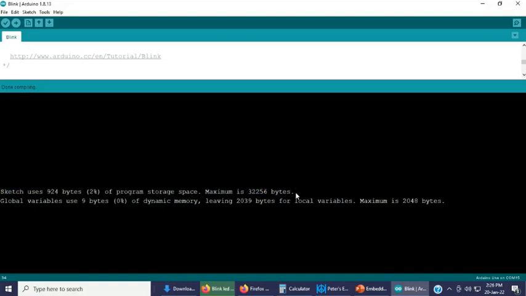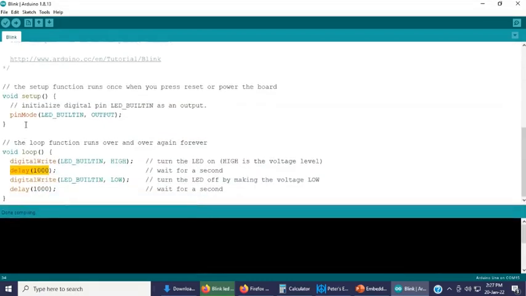What does that mean? That means the flash memory available with Uno is 32 kilobytes. Out of that, 924 bytes have been consumed. Almost 1 kilobyte has been consumed. For what purpose? Only for blinking an LED or making an LED on and off.